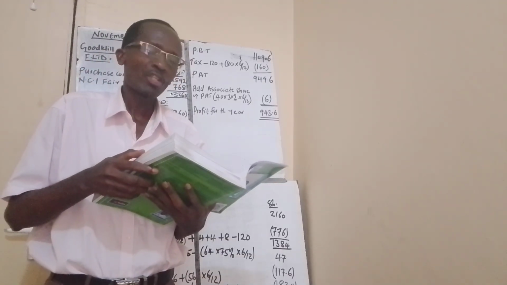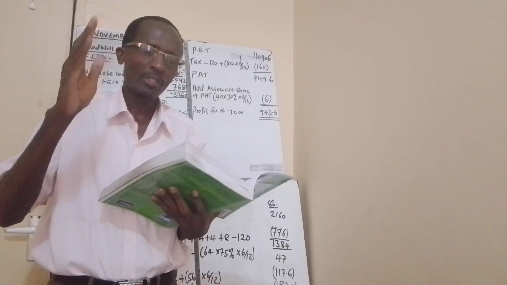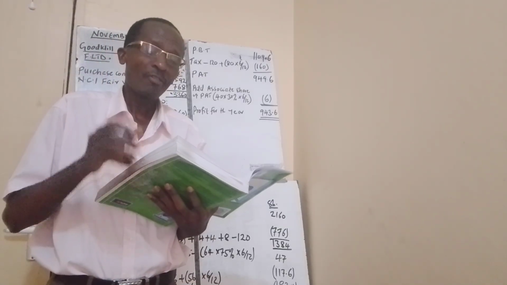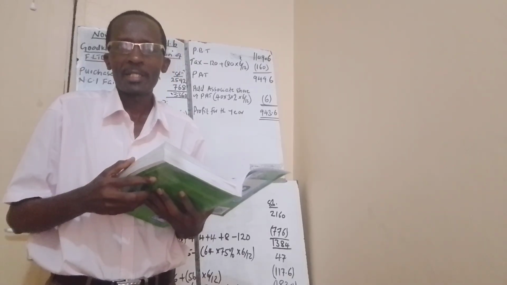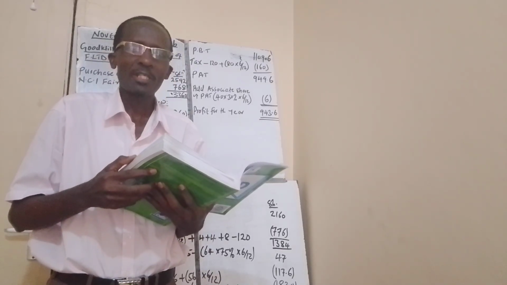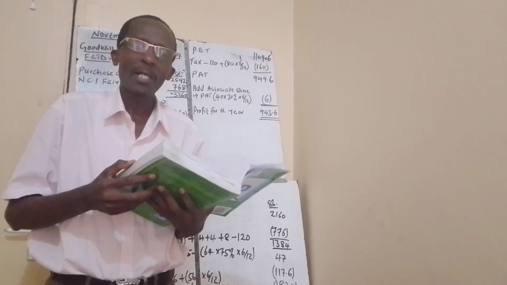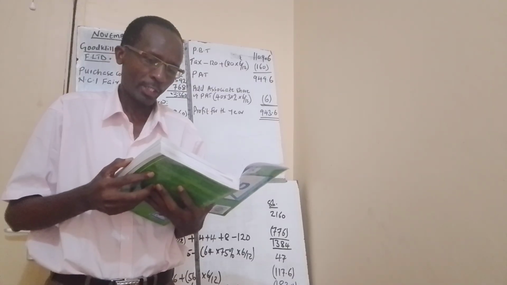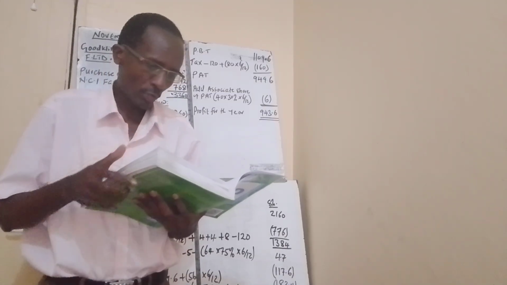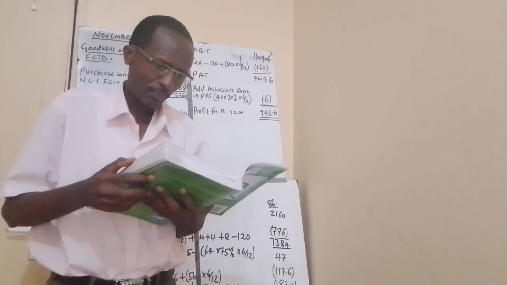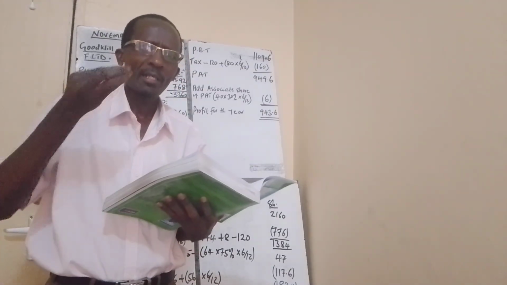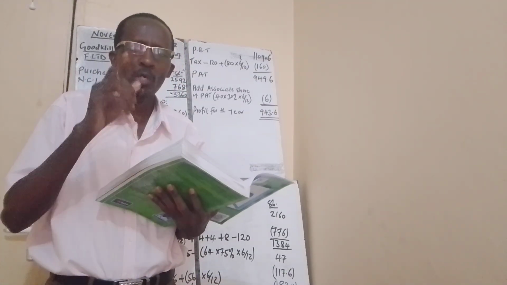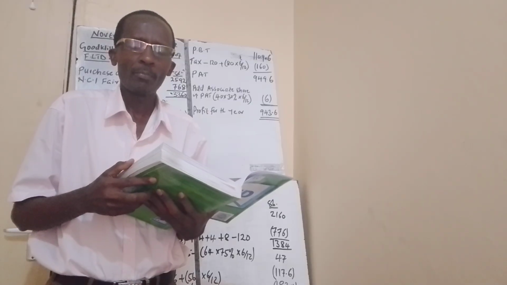When H Limited acquired 75% of F Limited, the assumption that we make is that the remaining 25% was acquired by the non-controlling interest. That's an important point. Again, we are told that in this situation, we are not paying cash consideration to acquire the other company.